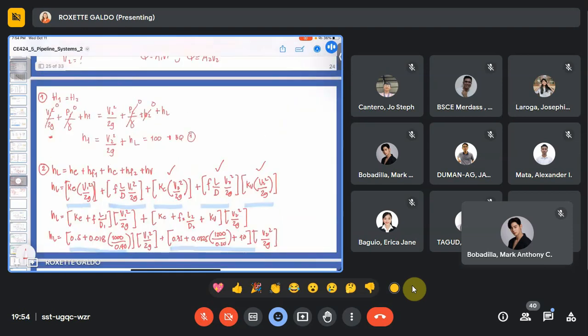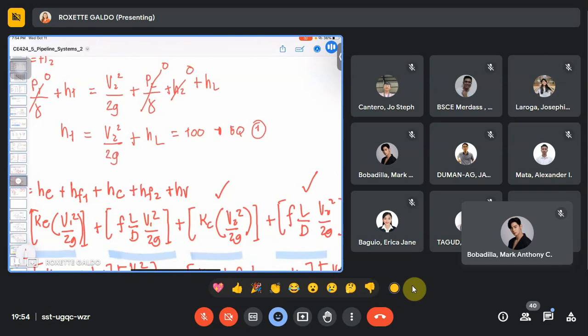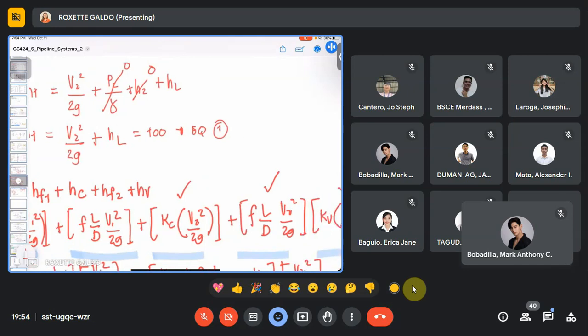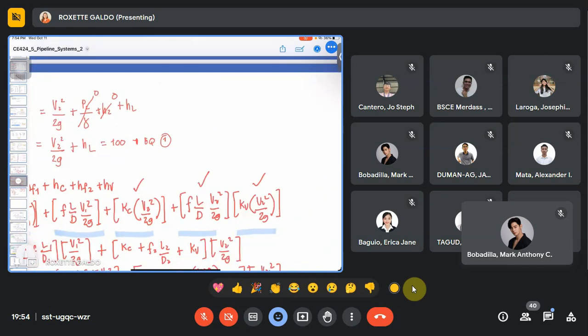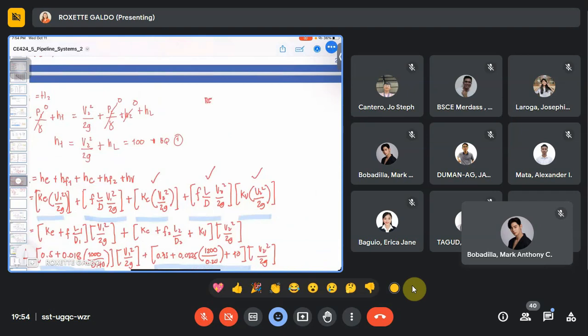Equation 1 contains HL and V2, so we can also rewrite this one. HL is equal to 100 minus V2 squared over 2G. This is equation 1.